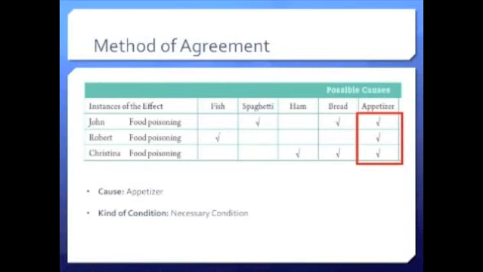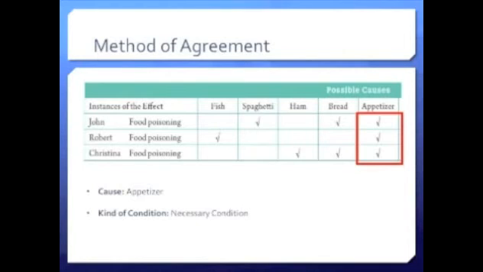But if we were to find a case among the negative cases of the effect where someone did not eat the appetizer but they also got sick, then we would be able to effectively eliminate the appetizer as a sufficient condition, since the case where someone ate the appetizer but did not get sick would be proof that the appetizer would not guarantee the effect of the food poisoning, thereby making it impossible for the appetizer to be a sufficient condition.